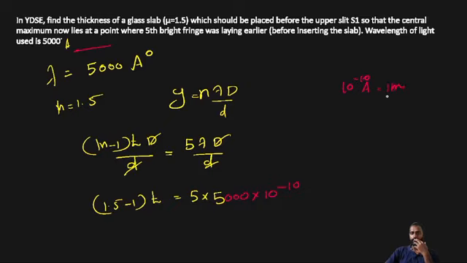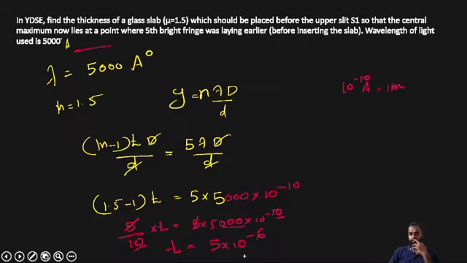The 5 will cancel, and with the three zeros plus one more zero, t is equal to 5 into 10 to the power minus 6 meter.